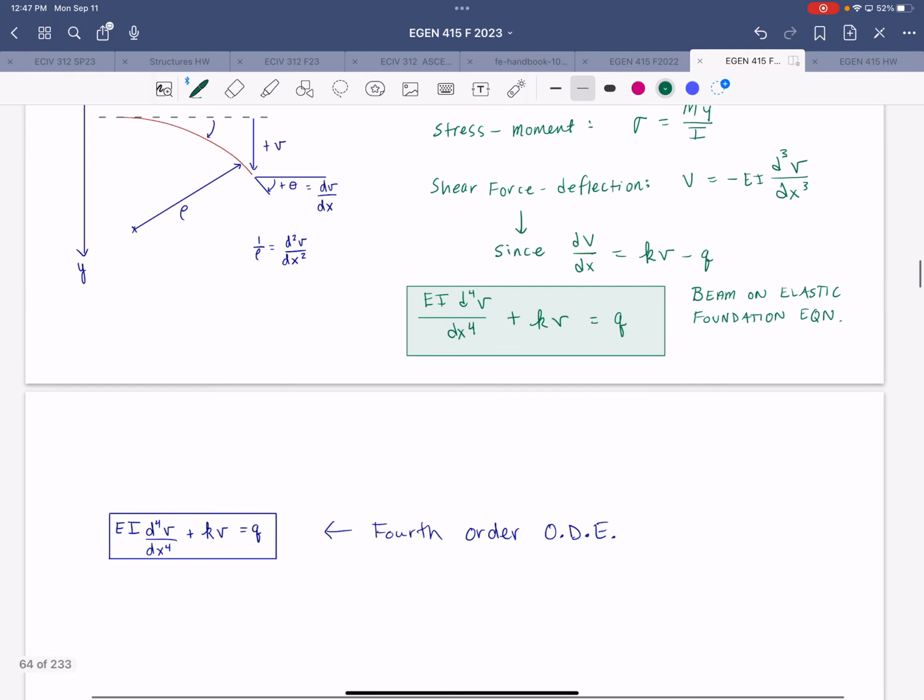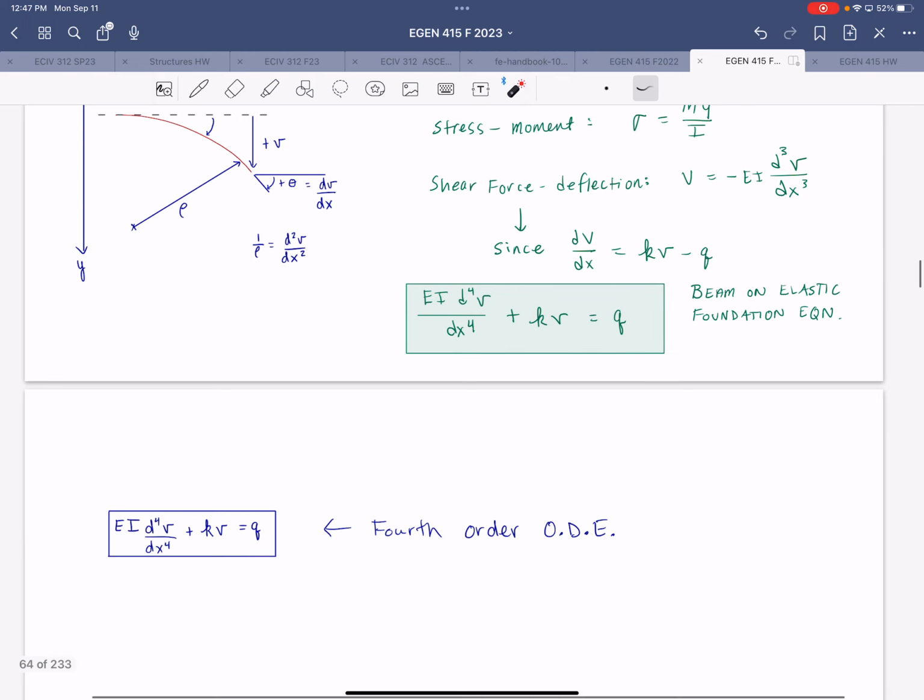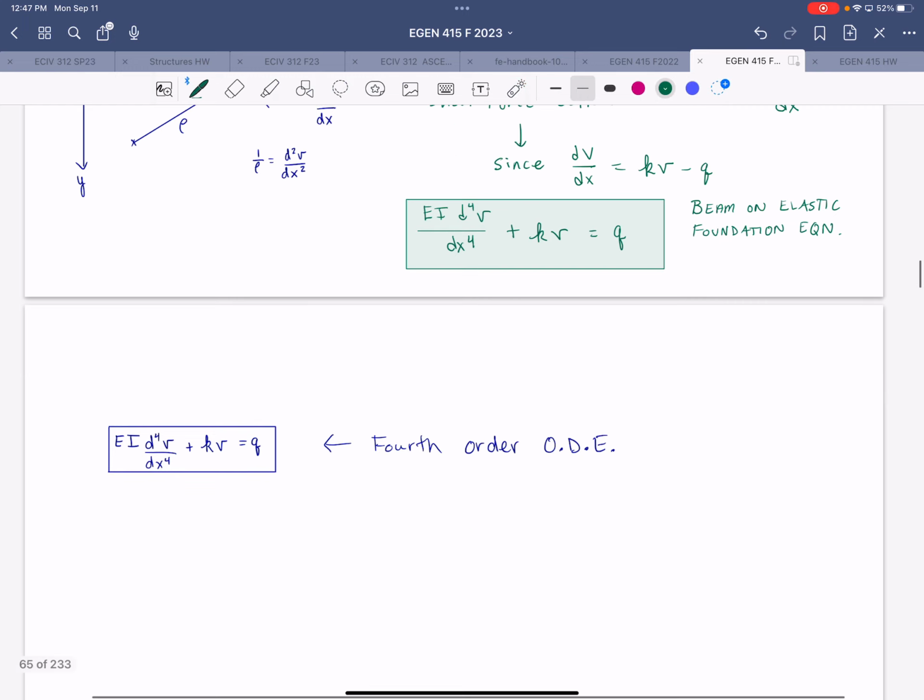All right, so you may recognize that equation as a fourth order ordinary differential equation. For convenience, so that we can solve this without too much of a headache, we want to define a parameter.